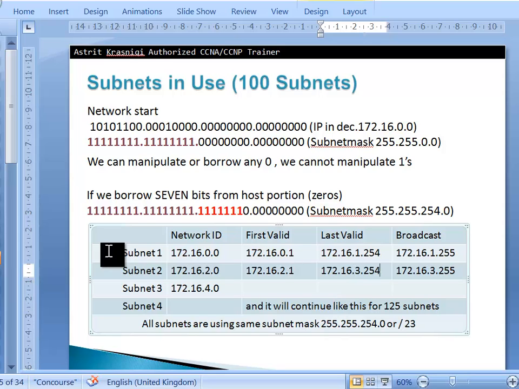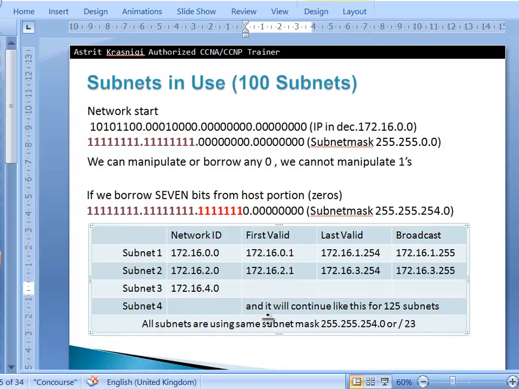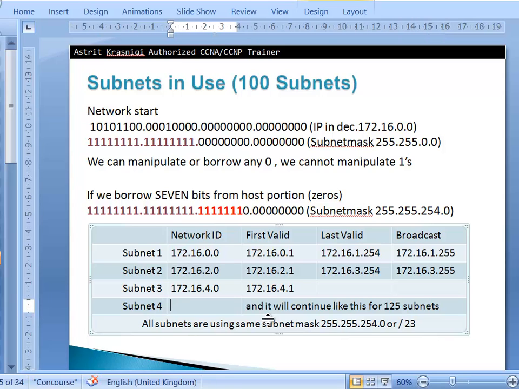Okay. Now we did subnets 1 and 2. We're doing subnet 3. Subnet 3's first valid address is 172.16.4.1. To find the last valid address and broadcast, it's better if you find the next subnet, subnet 4, which is 172.16. Again, this bit represents 2, in the third octet. We increment the third octet by 2, so 6.0.